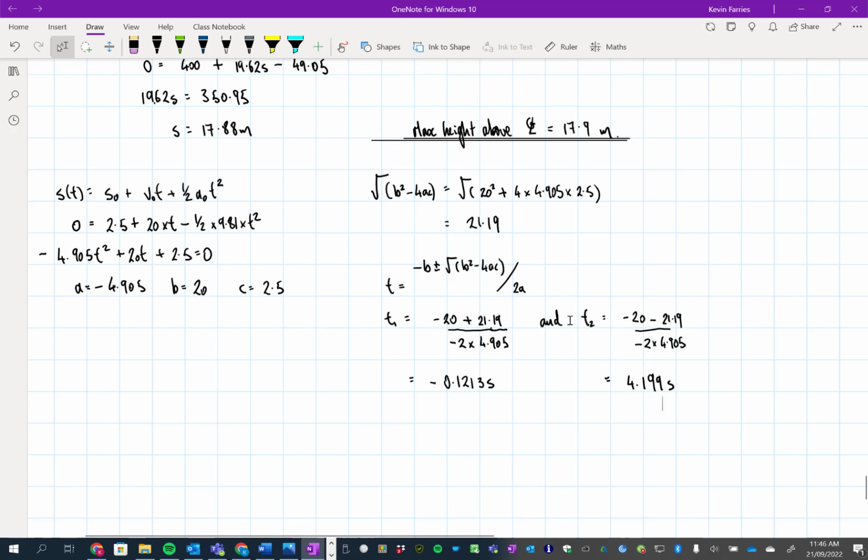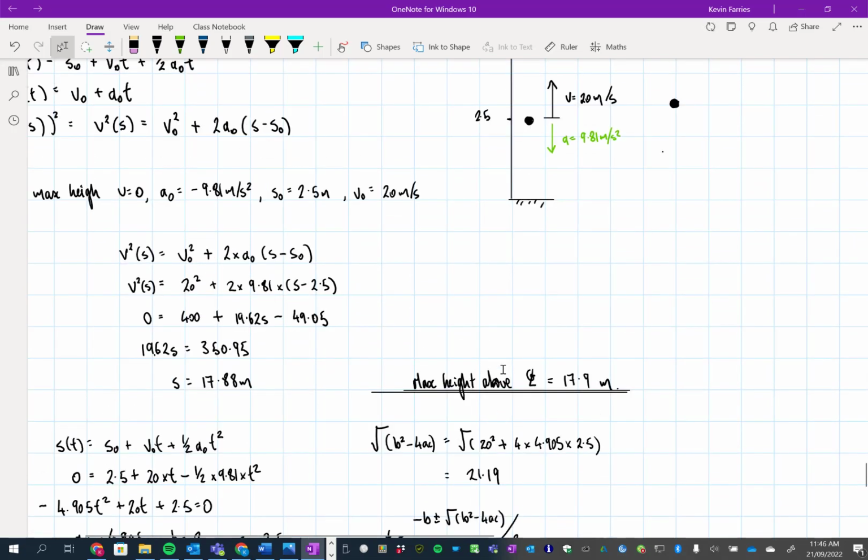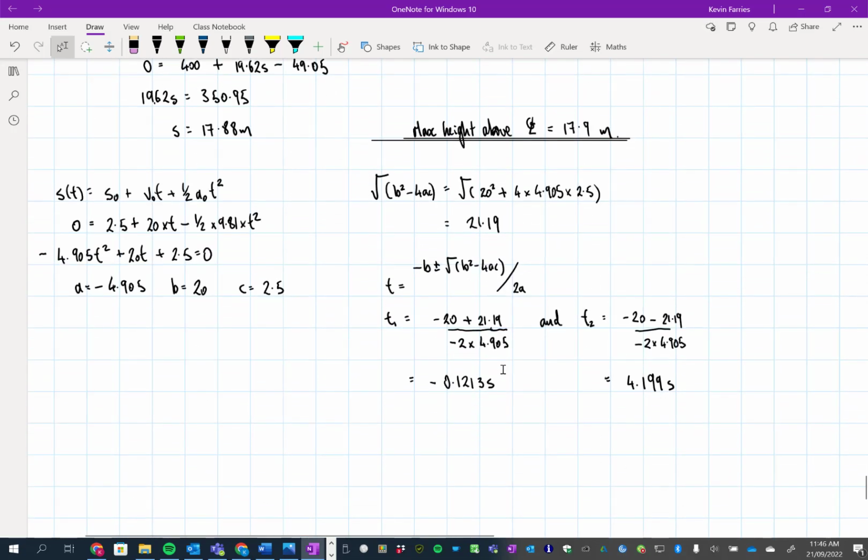the time is 4.199 seconds. Now, when you're doing these problems with quadratic equations in them, and you get two answers, you've got to think about which answer is sensible. It might be both of them are sensible, but in this case, we're looking at a negative time, so it's like you're going backwards in time to get this answer. And that is not possible for us.